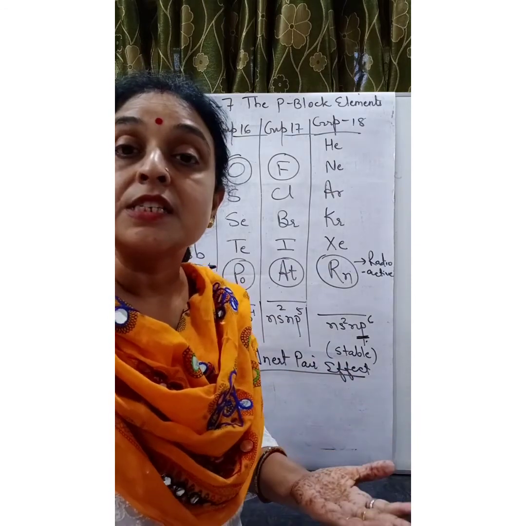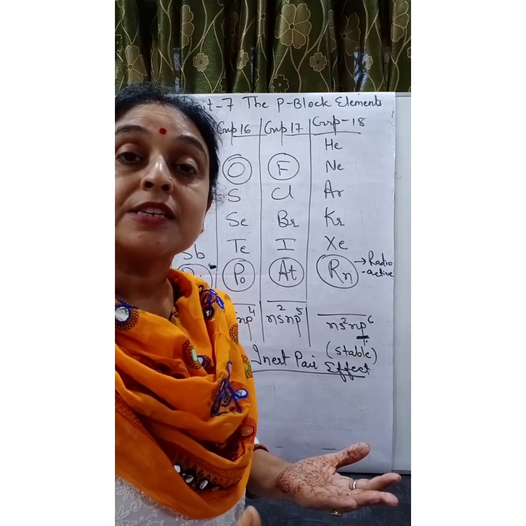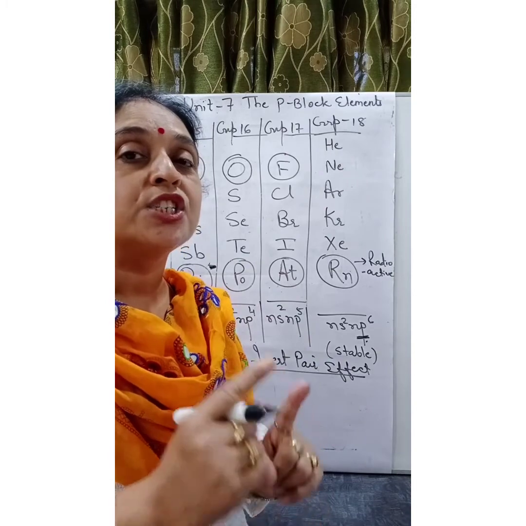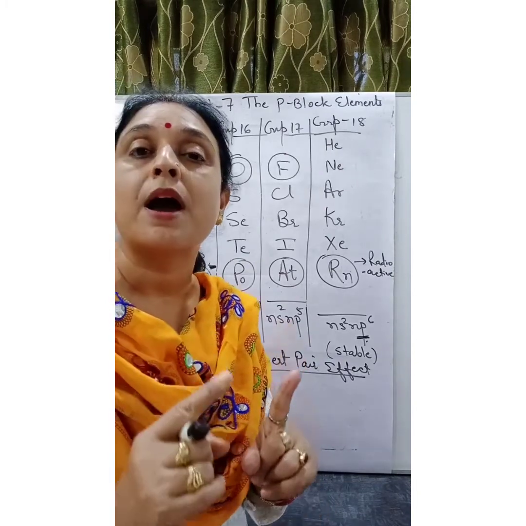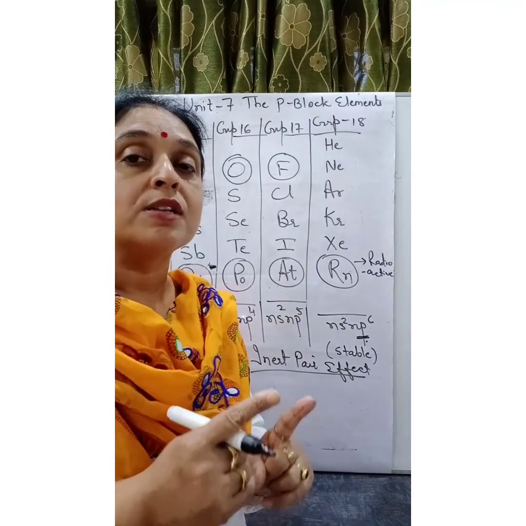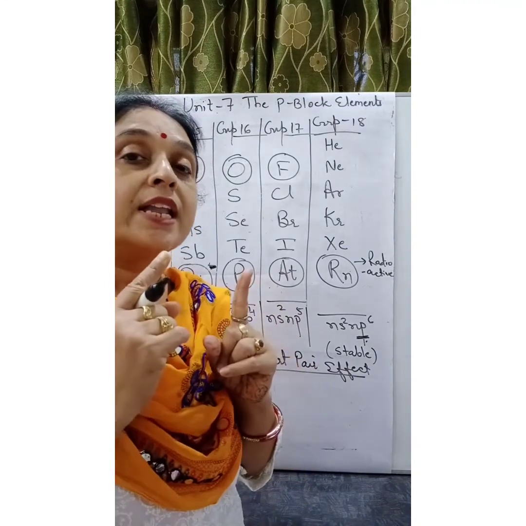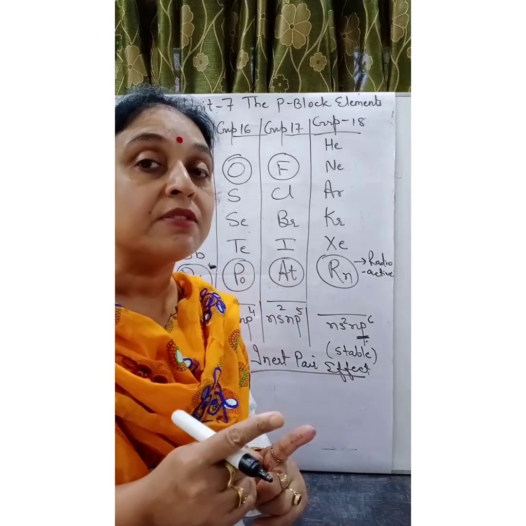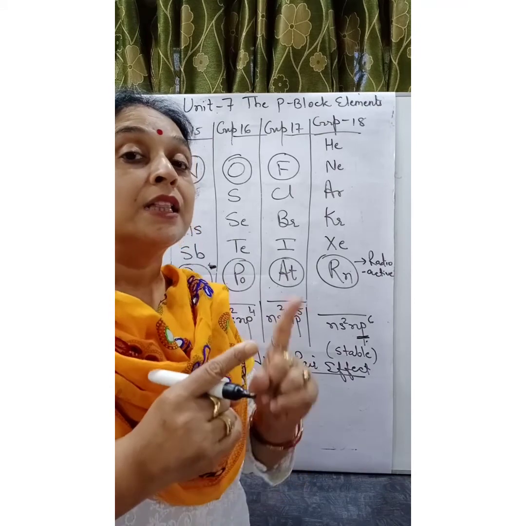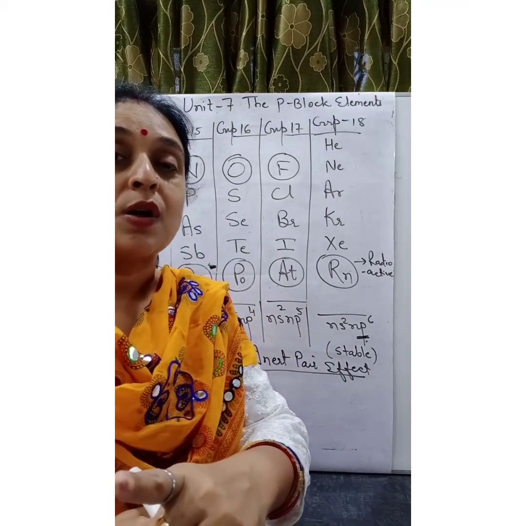And what is the reason for this hesitation of electrons to participate in chemical reactions? It is due to the very poor shielding effect shown by f electrons. f electrons are showing a very poor shielding effect. So there is minimum repulsion between them. And since there is minimum repulsion, the nucleus is able to attract the outer electrons.